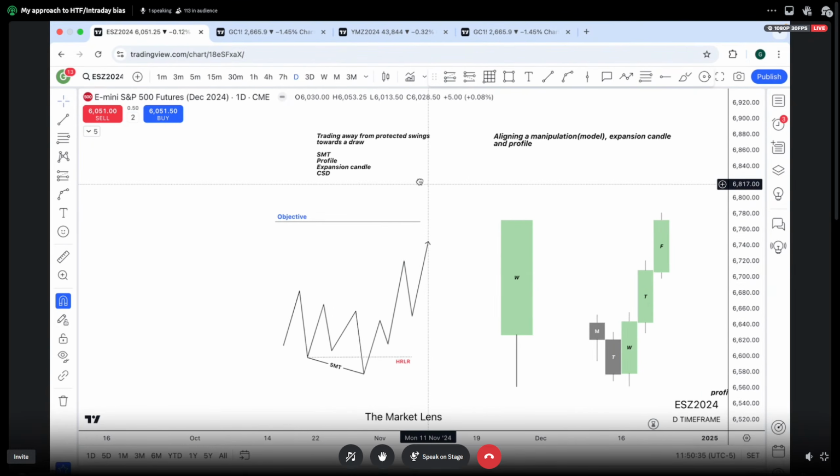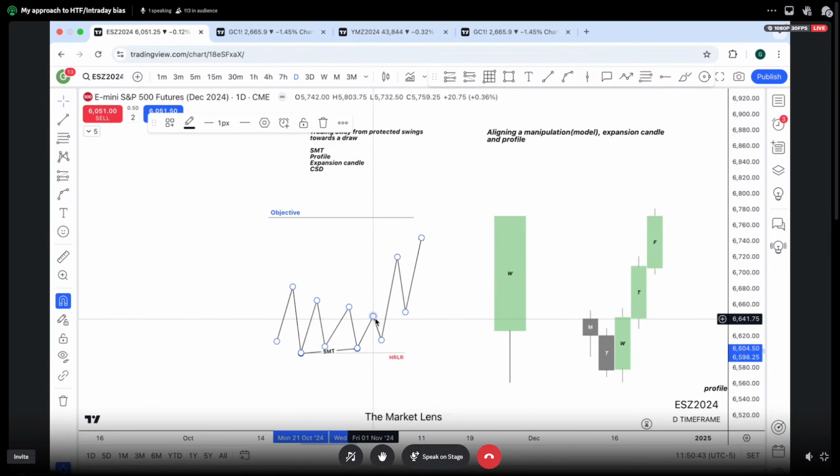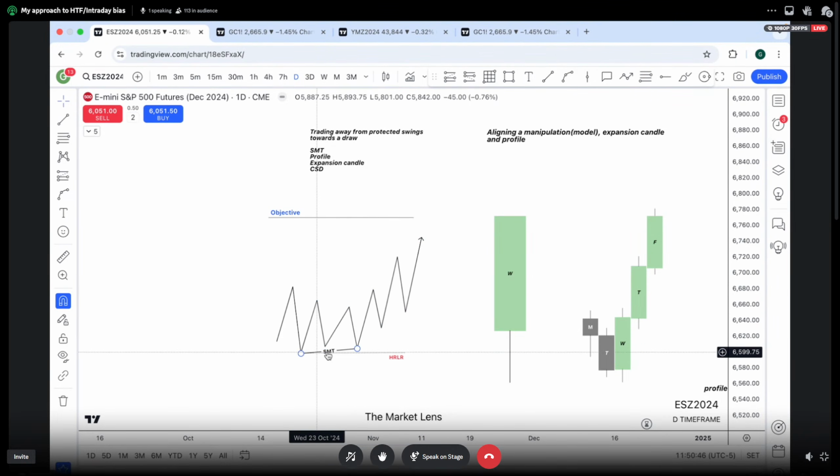If I want to trade a daily expansion candle, ideally I want to trade from some sort of manipulation. It doesn't have to be a sweep. This is manipulation, by the way, guys: a failure to displace with a correlated asset, or a sweep, or not displacing a sweep, showing strength. That's also manipulation.